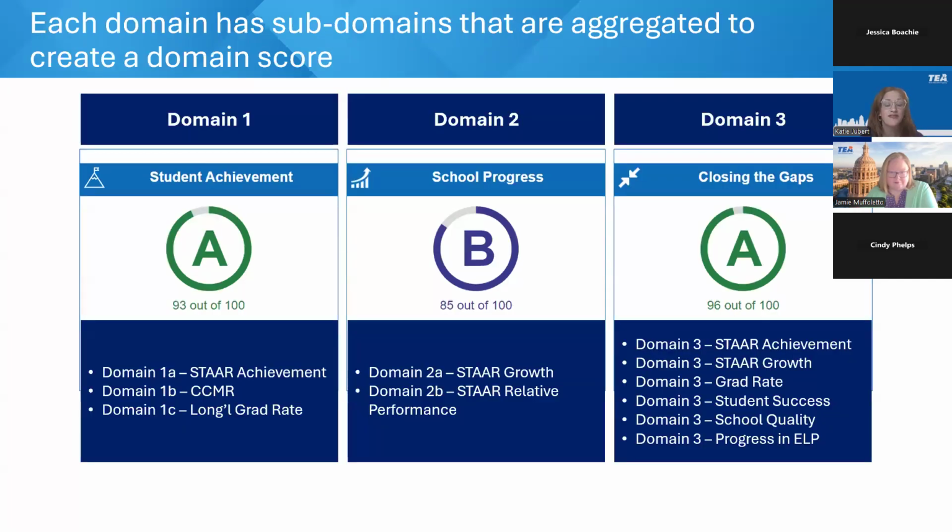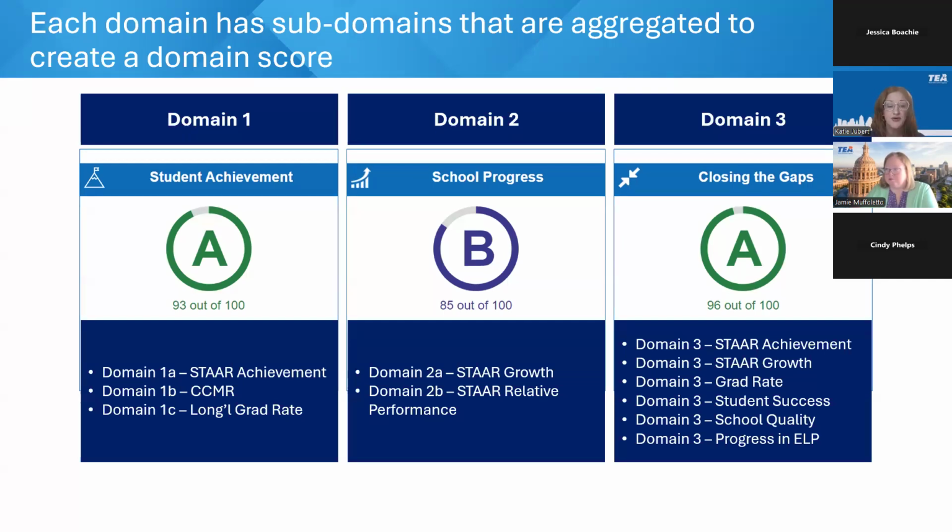Here's a little bit of a double click into some of the components that are underneath each of these domains. So in domain 1, we're looking at STAAR achievement data, CCMR or college, career, military readiness, and then the grad rate. And in domain 1, we're looking at the best of your 4, 5, or 6-year grad rate.